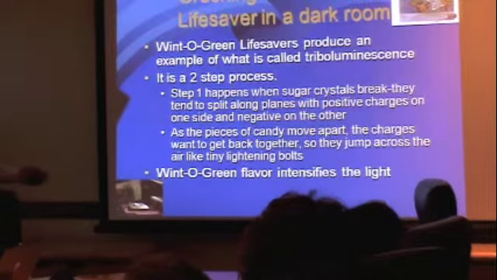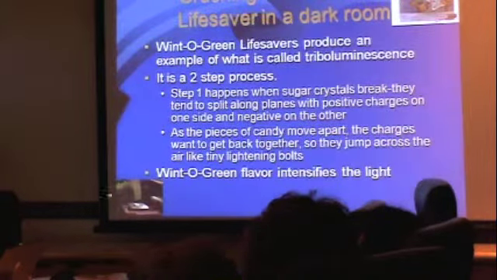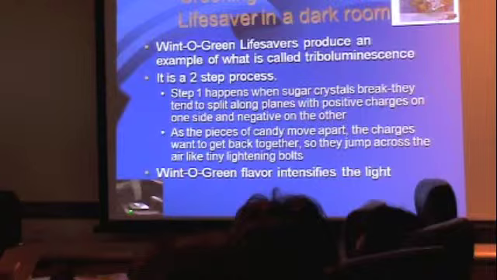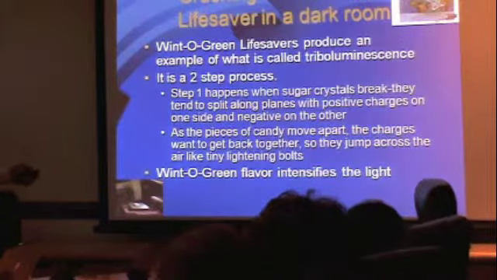Here, crushing the wintergreen candy, if you put a hammer on it, it produces light. Or if you crush it with something, you will also see it.